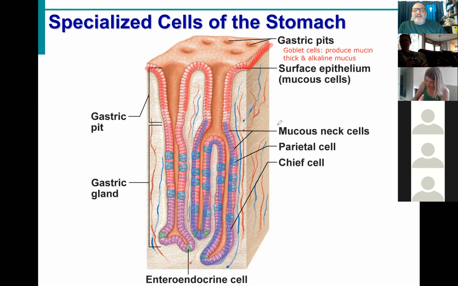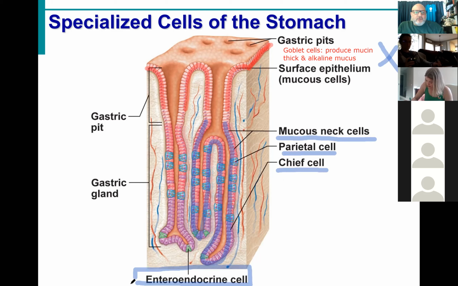And as you can see by the illustration here, and we'll talk about them in just a moment, there are 4 main types of specialized cells found in this gastric gland. They are the mucus neck cells, which are not the same thing as the goblet cells of the normal epithelial tissue, parietal cells, chief cells, and enteroendocrine cells.